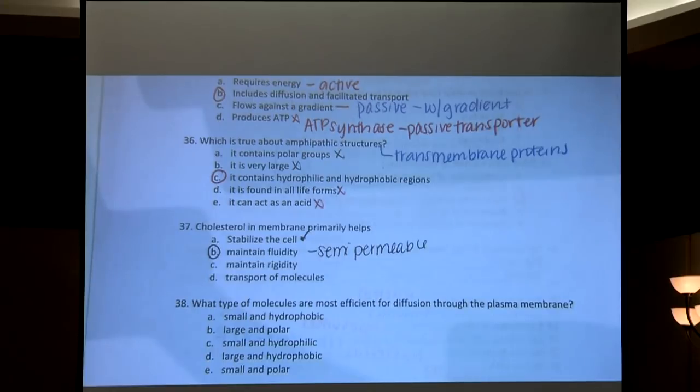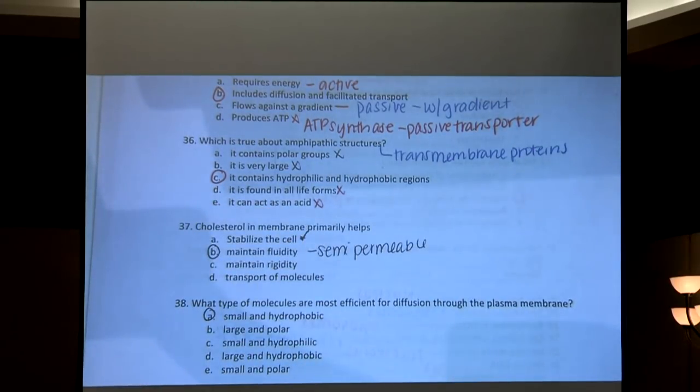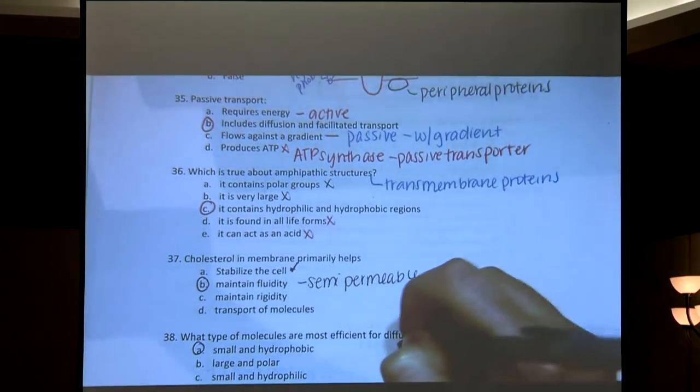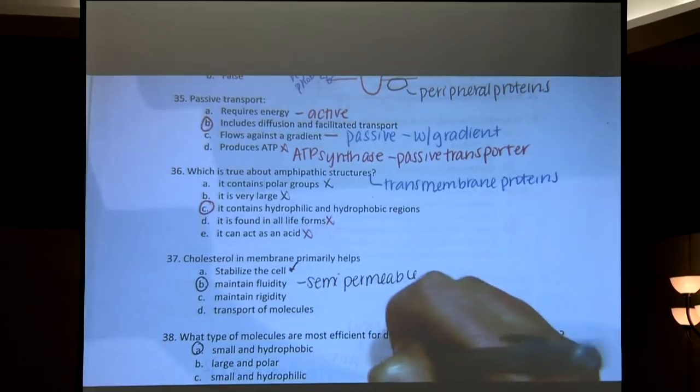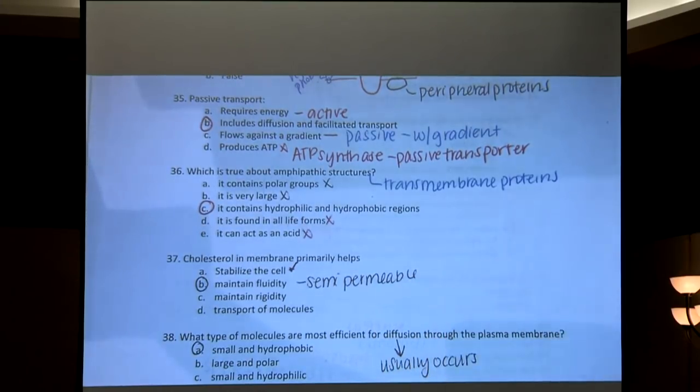All right. So one other thing that is particularly important: what type of molecules are efficient for diffusion through the plasma membrane? What do we think? Good. So A, small and hydrophobic. These will be the most efficient because, remember, our diffusion usually occurs without the help of proteins.